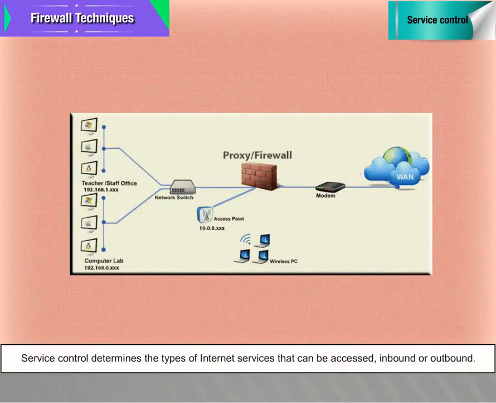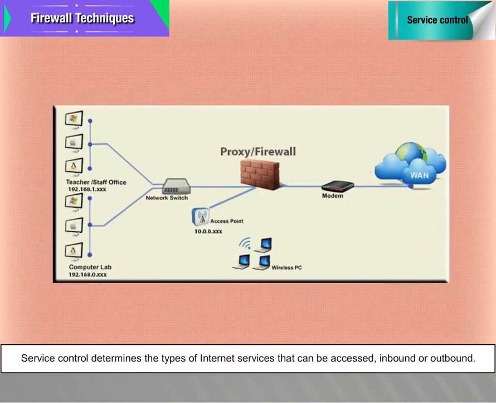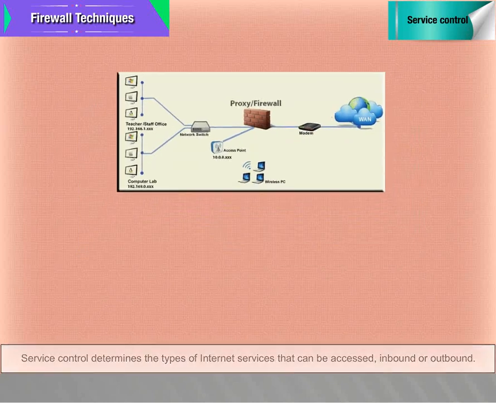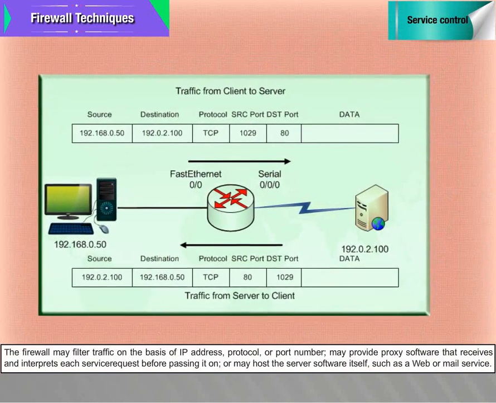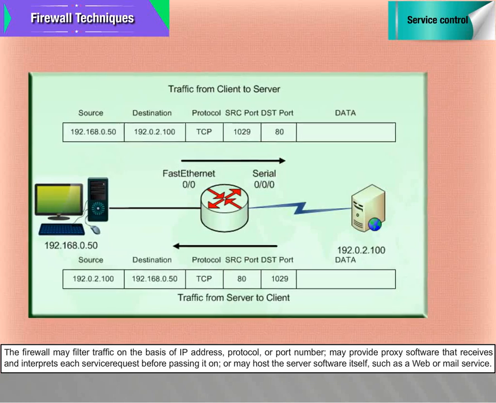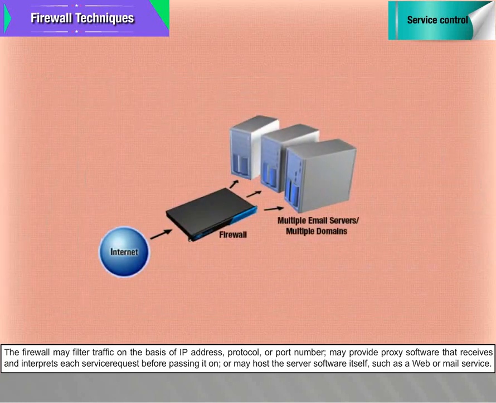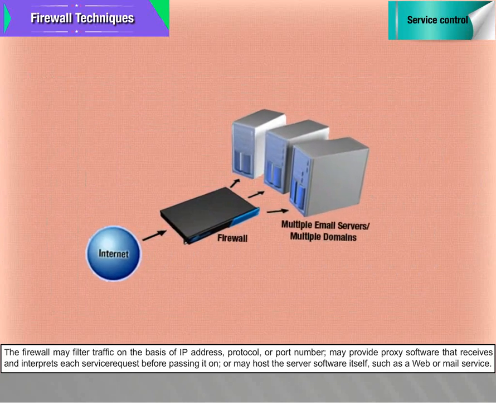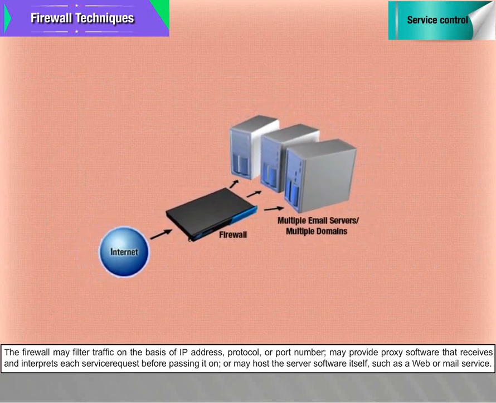Service control determines the types of internet services that can be accessed inbound or outbound. The firewall may filter traffic on the basis of IP address, protocol, or port number, may provide proxy software that receives and interprets each service request before passing it on, or may host the service software itself, such as a web or mail service.